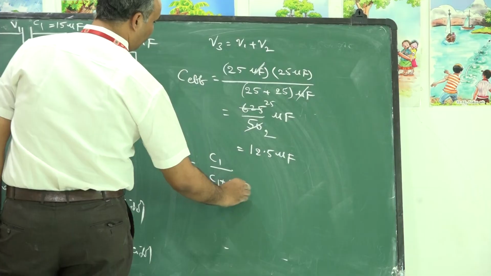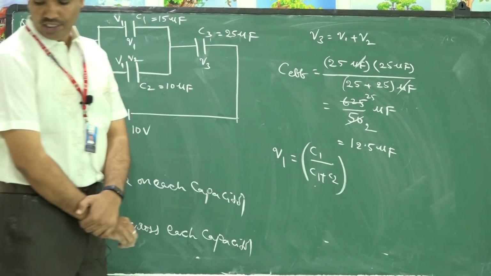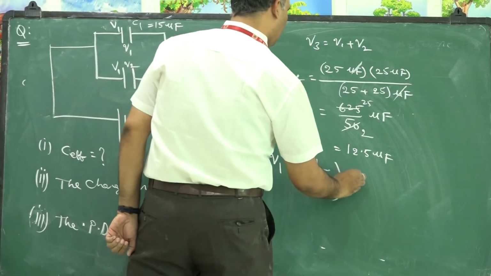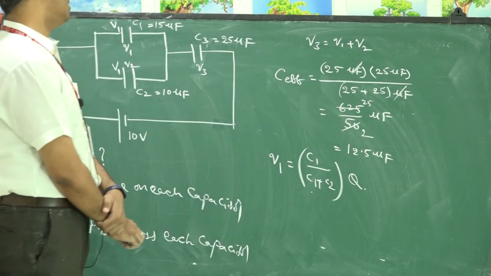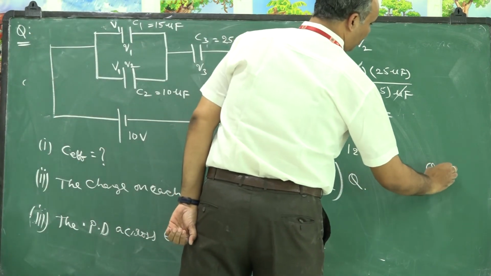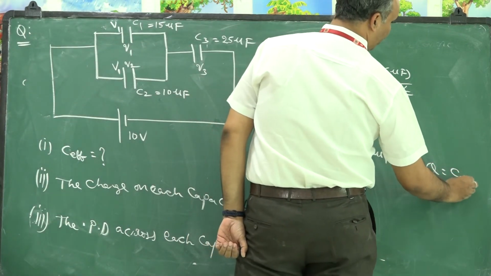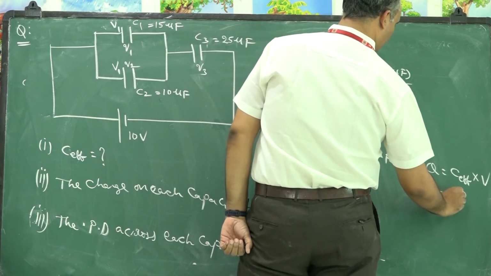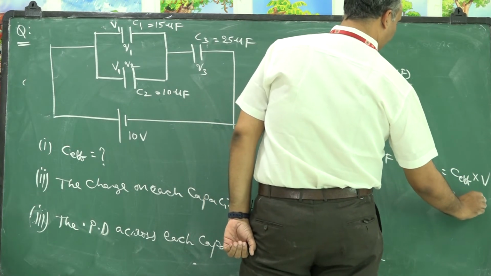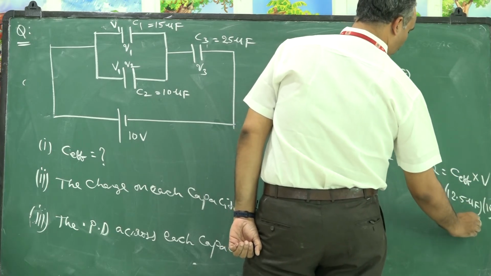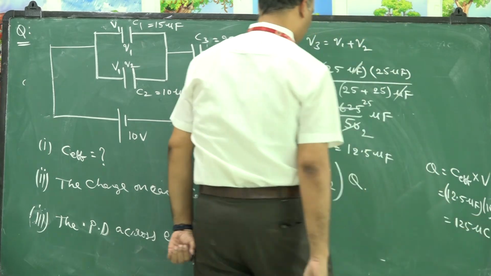C1 by C1 plus C2 into total charge. How to get total charge? Total charge is nothing but C effective into V. C effective is 12.5 microfarad into V is 10, so it becomes 125 microcoulomb.